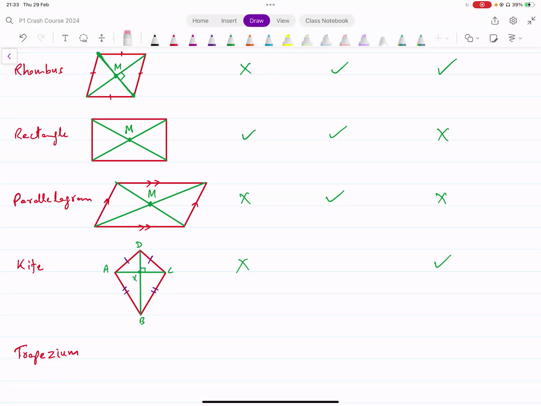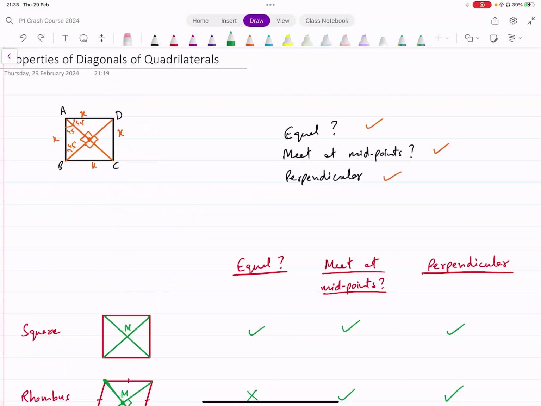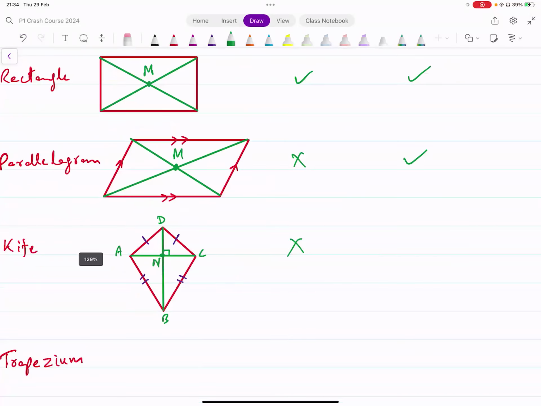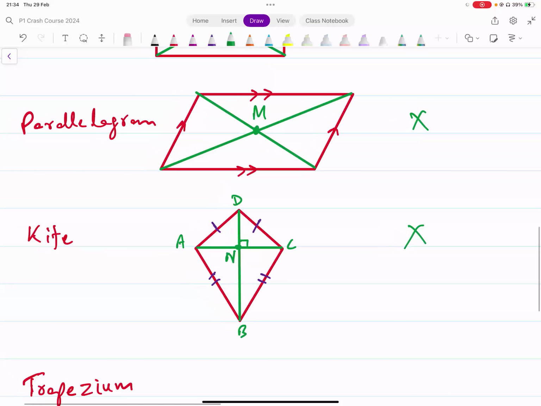So this point in the middle is going to be the midpoint of one of the two diagonals. What should I denote it by? Let's call this N. This point N is the midpoint of AC, but it's not the midpoint of BD.